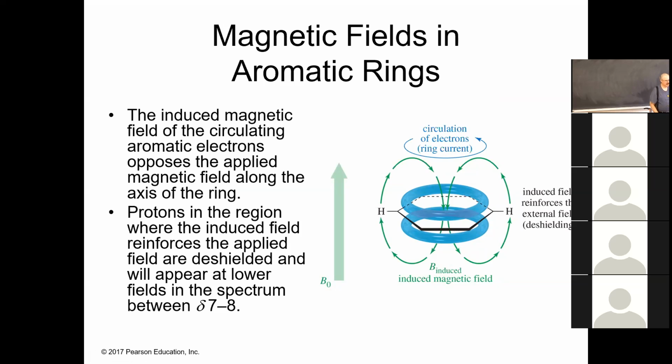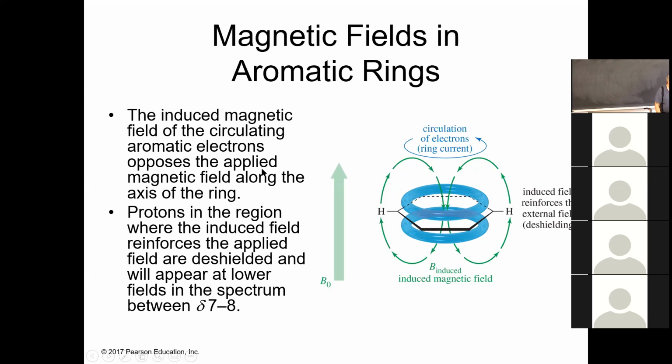Here's an explanation of why some of these functional groups have chemical shifts in the regions where they do. If we start out with phenyl protons, we have an induced magnetic field, or ring current, produced from the aromatic ring.